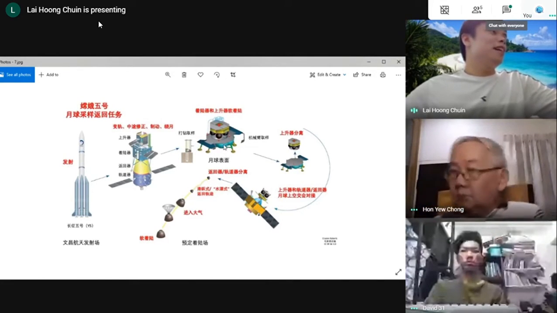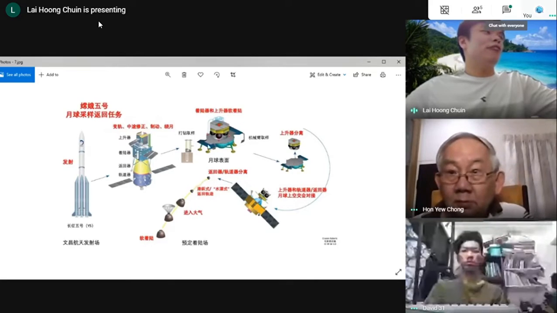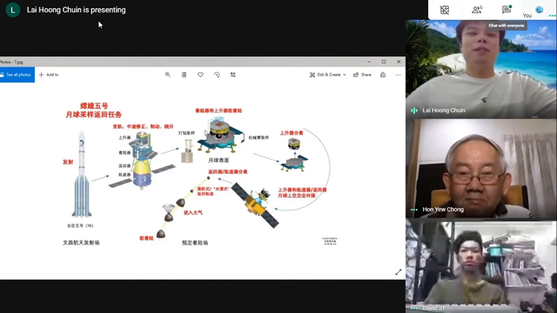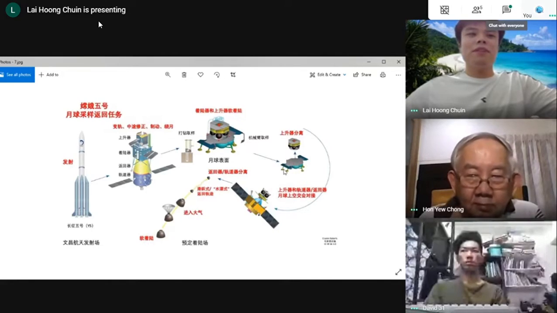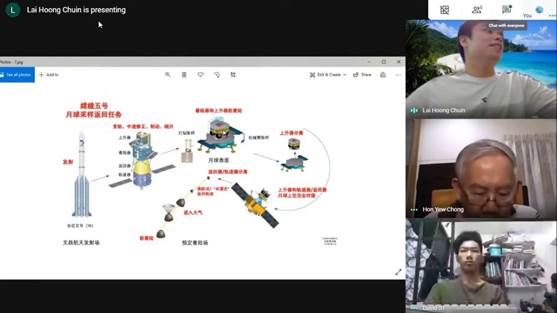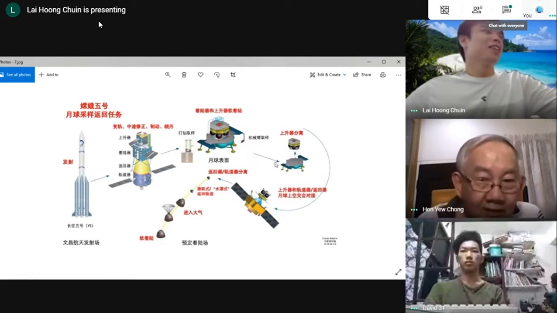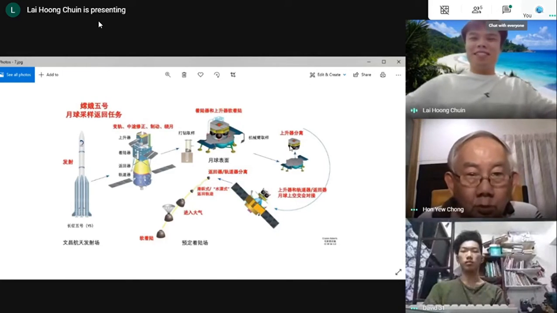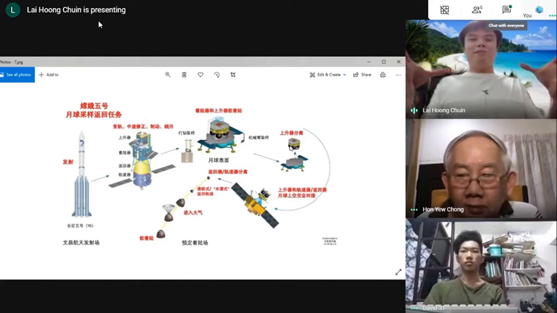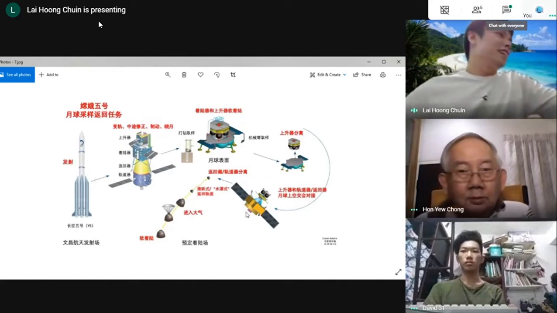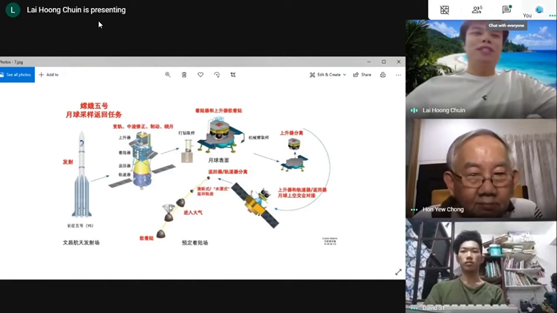After the chef has done the pizza, they send it to the reception counter. The waiter will take it to the rider, which is the orbiter mission. The rider will take your pizza and put it into a bag. When you order pizza, they have this bag to store your pizza, right? So this return module is actually the bag to store your pizza.